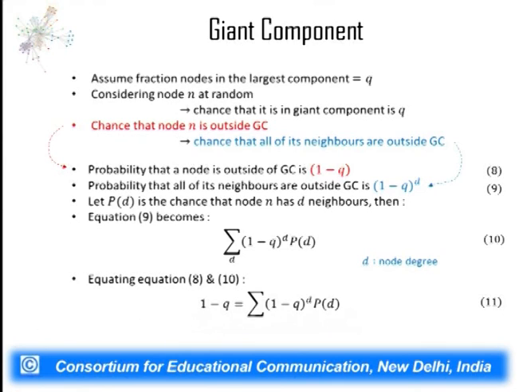Next, what is the chance that the node n is outside the GC? It will be the probability 1 minus q, because with probability q it is within the giant component, and with 1 minus q it will be outside.